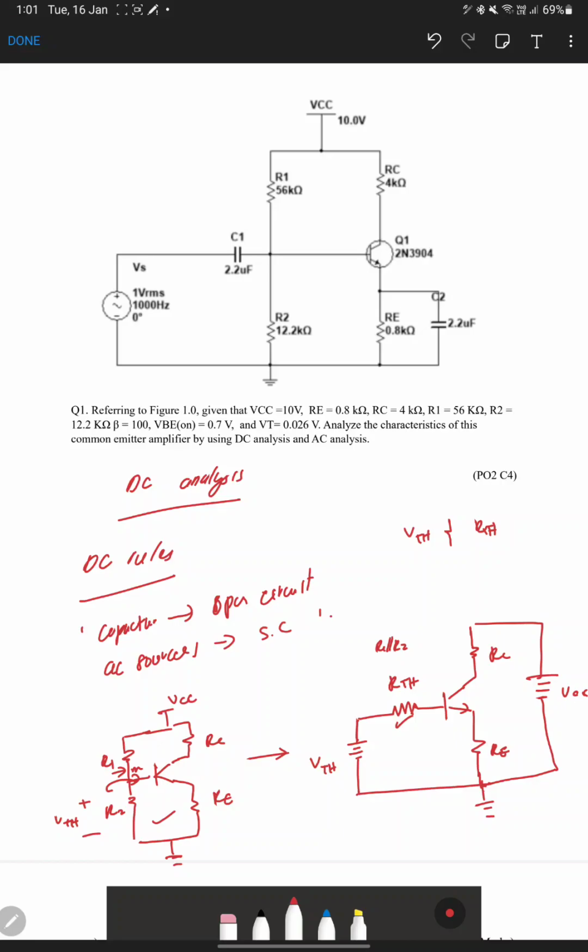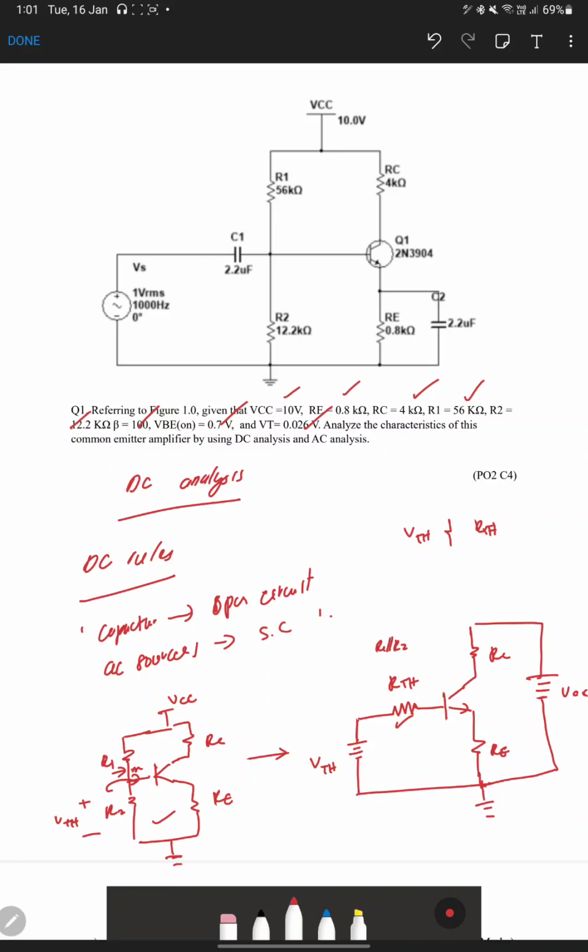From the given figure 0.1, VCC equals 10 volt, RE equals 0.8 kilo ohm, RC is 4 kilo ohms, R1 is 56 kilo ohm, R2 is 12.2 kilo ohm, beta is 100, VBE is 0.7, and last but not least VT is 0.026.